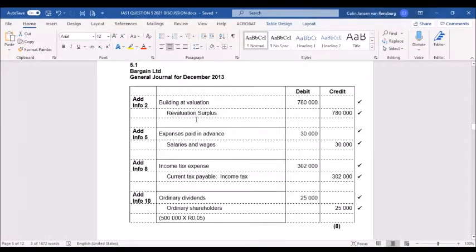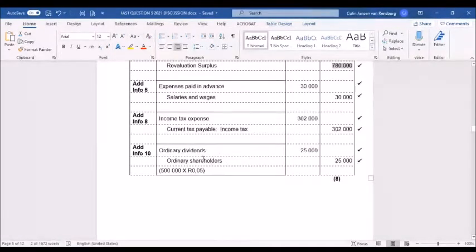We could have seen in the first journal entry that the credit has gone to a revaluation surplus, so we know that belongs in our statement of changes in equity. Here there was no leg of the journal that related to our equity. There neither, but here we've got one.